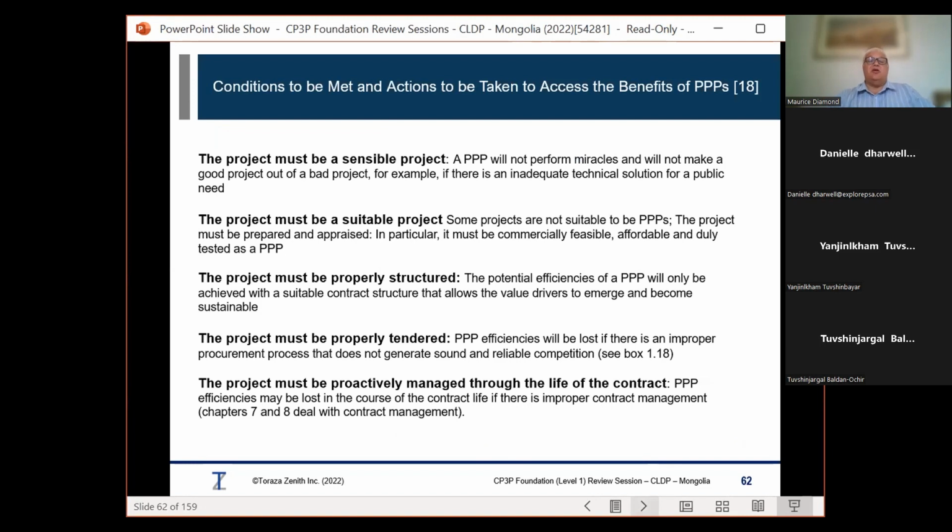Now, in order for a PPP project to be good and for you to access the benefits of it, there needs to be certain elements. So the project must be sensible, it must be suitable, it must be properly structured, properly tendered, and proactively managed through the life of the contract.